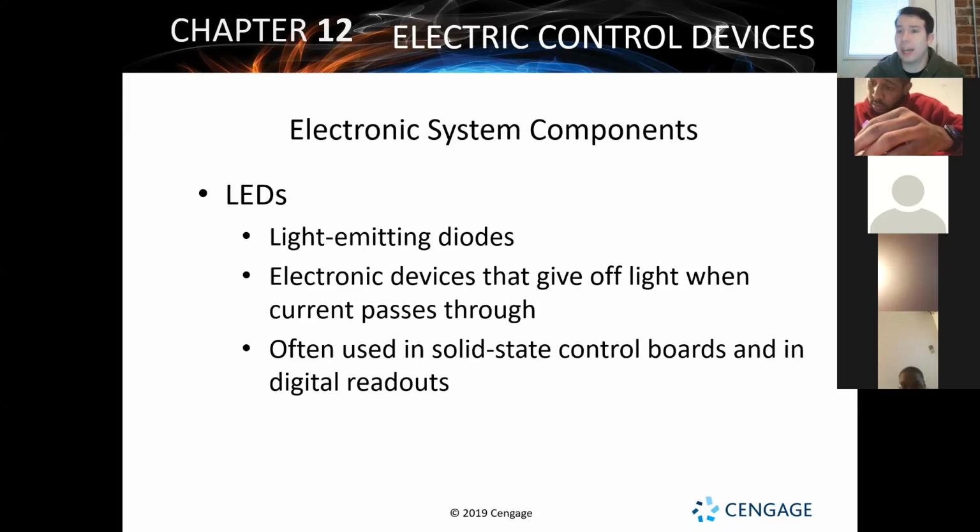A diode makes electricity flow in one direction, going from alternating current to basically DC. And when we control that flow of electricity, we can make it emit light. The nice thing about light emitting diodes is that on a control board, they can wire one in and use it as a diagnostic tool for you.